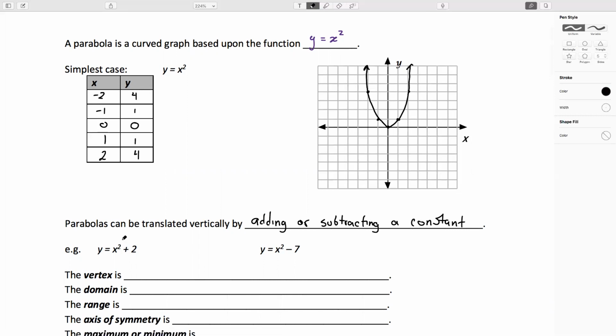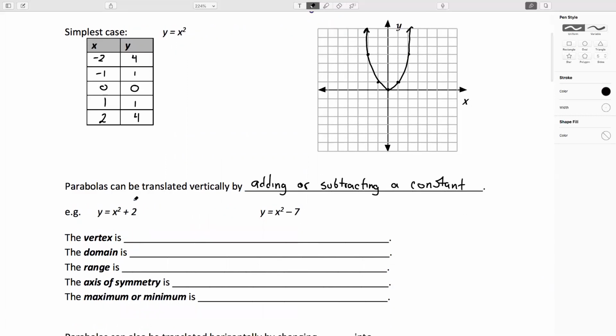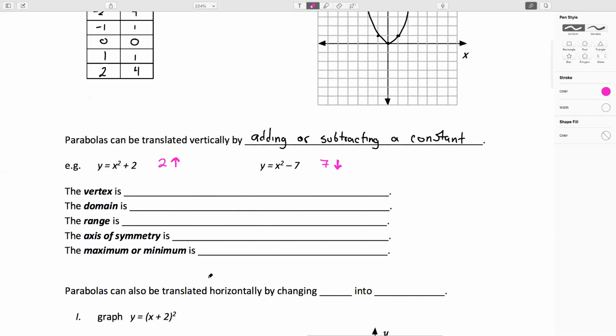So for example, y equals x squared plus 2 is going to move it 2 units up, as we saw yesterday. And y equals x squared minus 7 is going to shift our function 7 units down. And so we can tack a number on at the end after x squared, and that will effectively move the function up or down by as many spaces as we want.